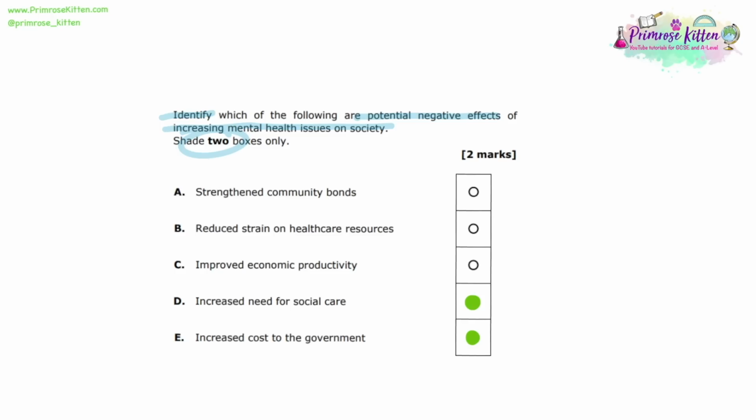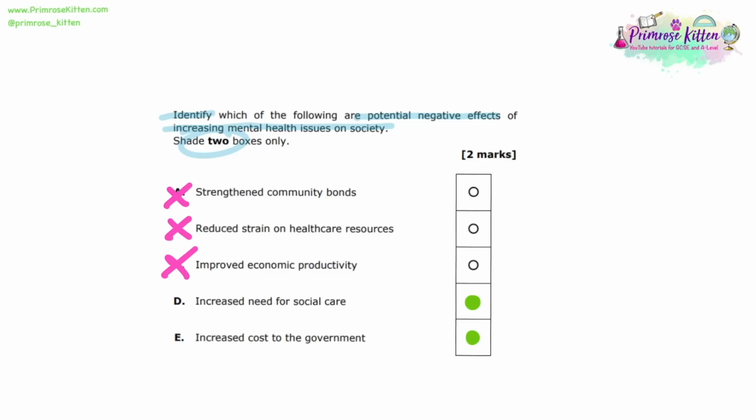Option A, B and C were not considered potential negative effects in the context of increasing mental health issues. Option A, strengthen community bonds. This option describes a positive outcome. While mental health issues can create challenges, communities often can come together to support and understand and potentially strengthen social bonds. Option B, reduce strain on healthcare resources. This option again presents a potential positive outcome.